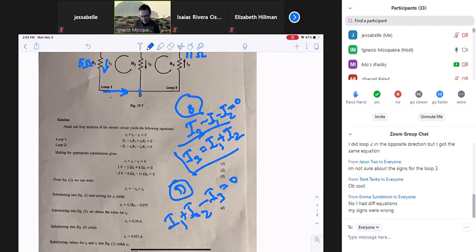Well, guess what? That's exactly the same formula. So you got the exact same formula whether you use junction D or junction B. It doesn't give you any new information to use both junctions, so you just use one of them, and that's it. You don't need to use the other one. It's the same thing.